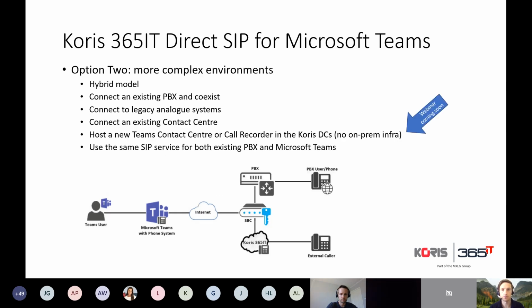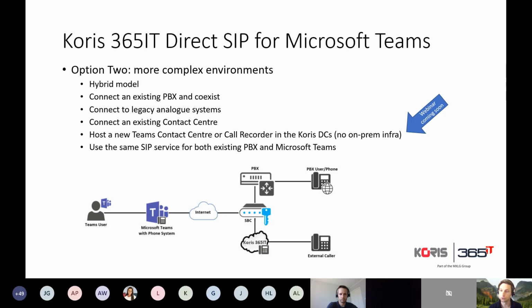But the other solution is where you have a more complex environment. That might be where you want to coexist with an existing phone system for a bit. You might have some legacy systems on site, maybe an analog gateway, or analog devices like intercoms, or maybe a legacy contact center that uses ISDN for its connectivity.